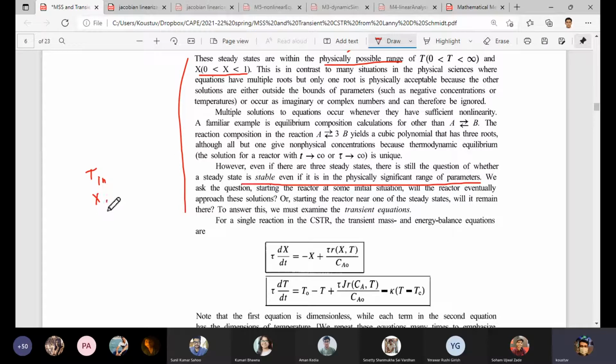Based on these two, we start solving the integration equations, and then we see the profile of temperature and x, the conversion.